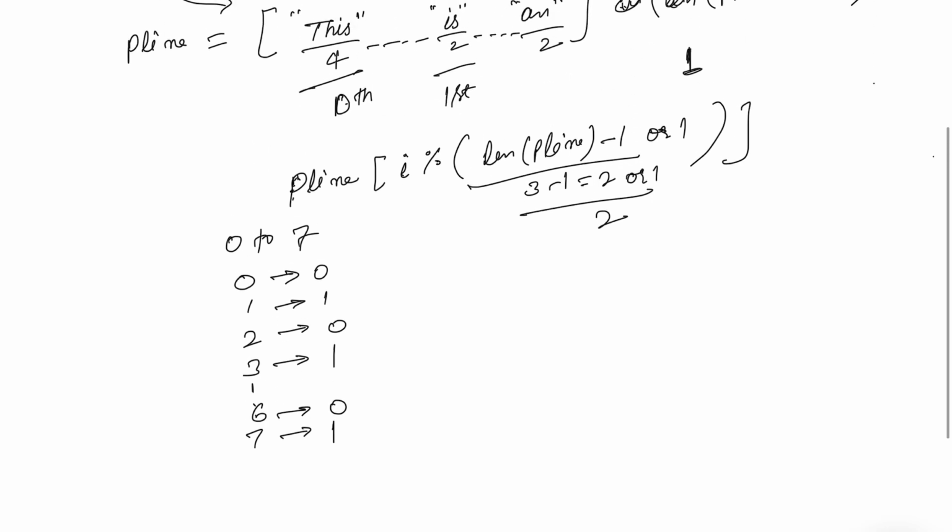Okay. So that means after each word I have to put one space. After the 0th word I will put one space, then after the first word one space, then again after the 0th word, again after the first word, and so on. So a total of 8 spaces has been done.